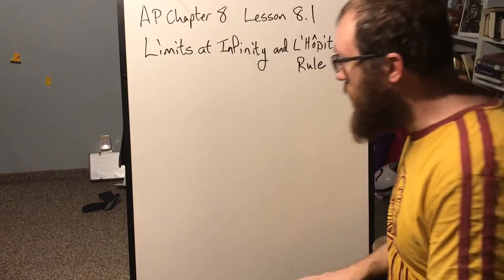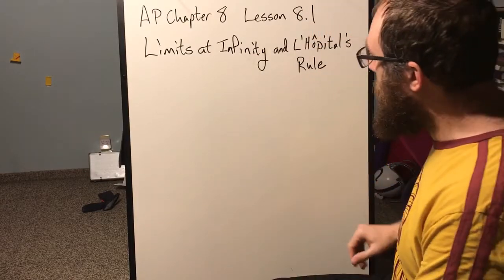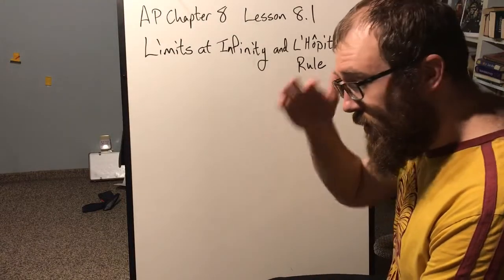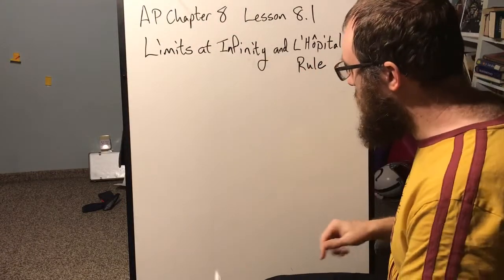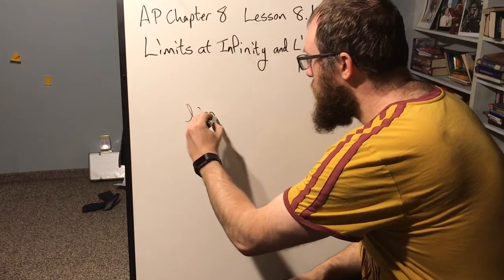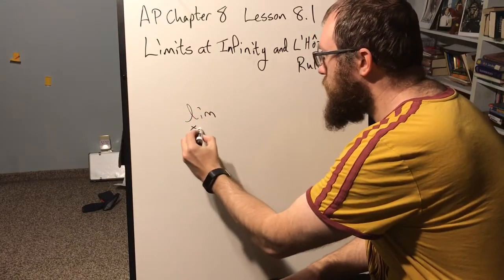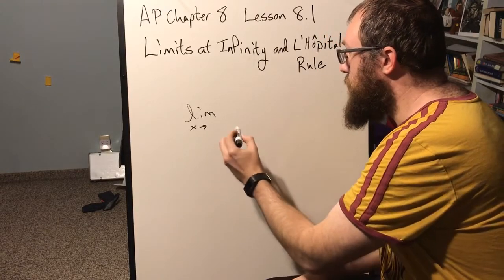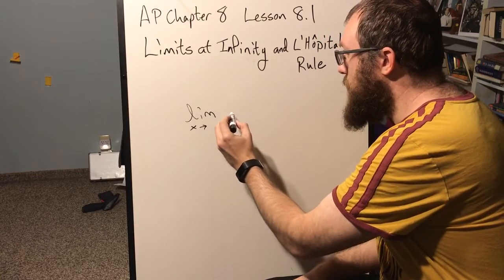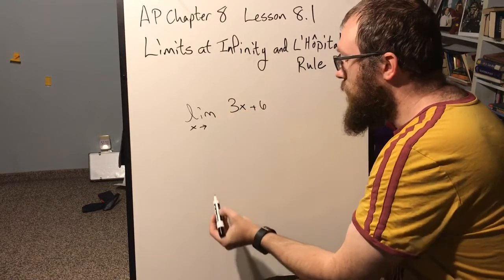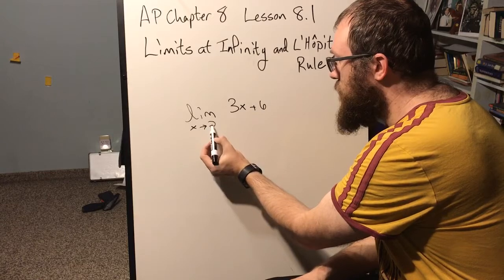All right. So what we're talking about is limits at infinity. Much earlier in the year and into last year, you guys talked a lot about limits as x approaches some value of a function. Let's say that our function is 3x plus 6, and I want to find the limit as x approaches 2.